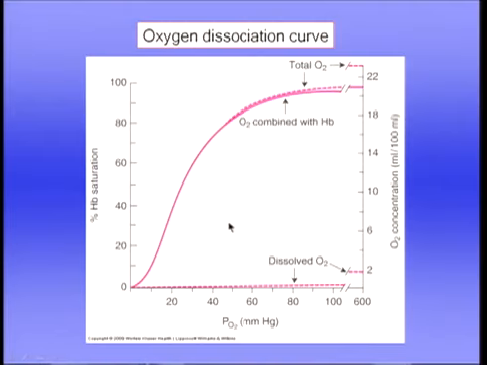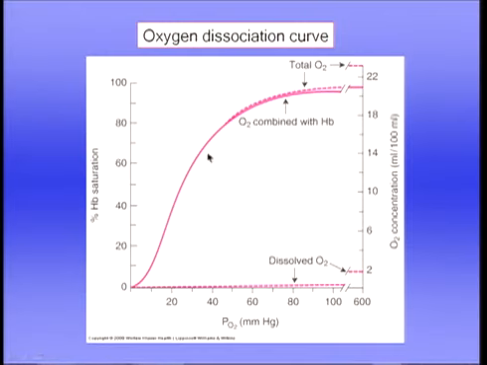The shape of the oxygen dissociation curve has a number of advantages. One of them is that if we go to high altitude and the PO2 falls substantially, say to 60 millimeters of mercury, we still have a very large amount of oxygen attached to the hemoglobin. So this flat or nearly flat upper region is very valuable from that point of view.